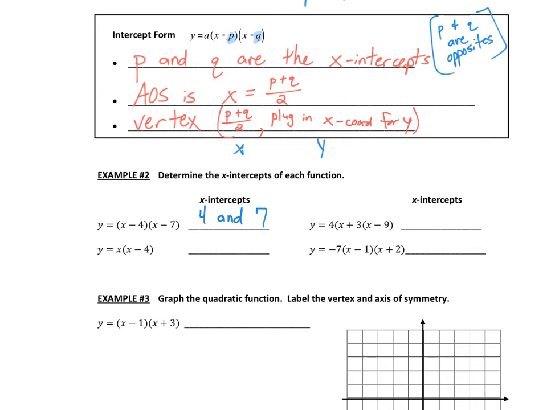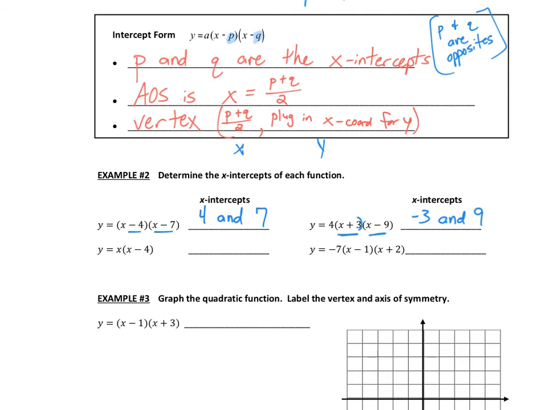Those are the two x-intercepts. It's the opposite of a -4 and the opposite of -7, so +4 and +7. The intercepts for the second one are at -3 and +9. The opposite of +3 and the opposite of -9, so a -3 and a +9.